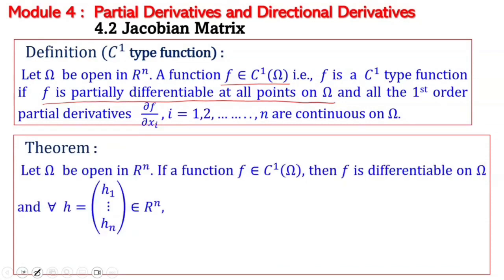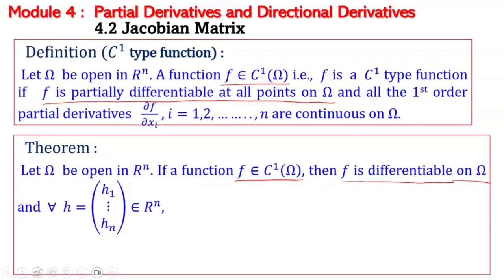Now we have a theorem that gives a relation between the functions in C1(omega), the type C1 functions, and how they are related with the derivative. It says that if f is in C1(omega), then it is differentiable on omega.